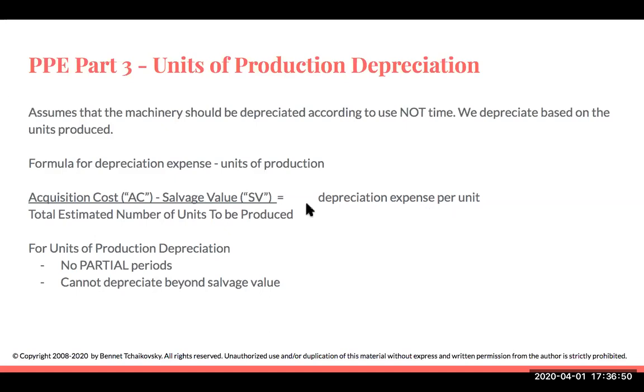Notice, and this is probably the most important part to remember about units of production, that unlike straight line or double declining balance, we don't multiply by a fraction.